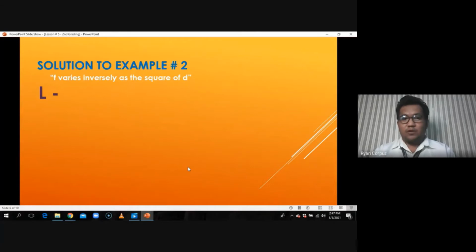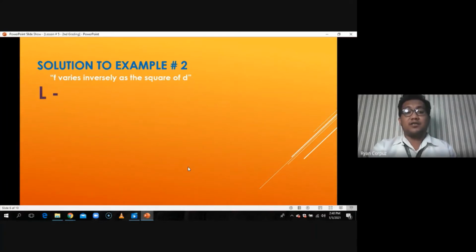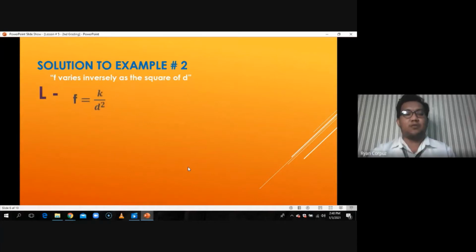Still, we should come up with two translations. The first one is translating it using the translation of inverse variation. F varies inversely as the square of T, so the first translation will be F is equal to K over D squared. Take note, there is no such thing as inverse square variation.